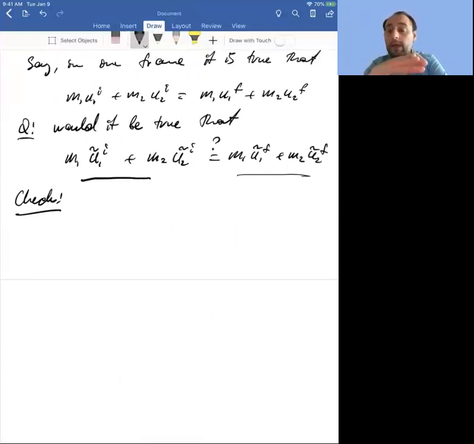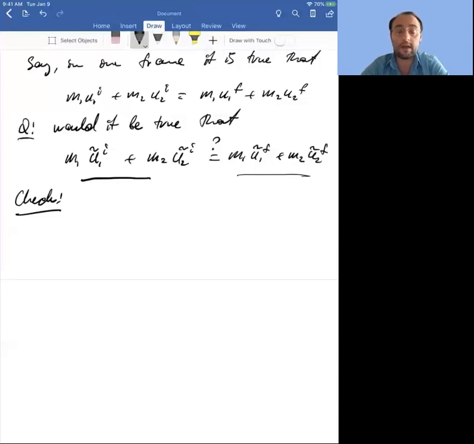So we are doing a relativistic calculation, but we're guessing the form of momentum. If it's conserved, we'll say, okay, that's a good definition of momentum. If it's not conserved, we'll throw it away. Again, the reason the word momentum exists in the dictionary is because it's something that's conserved for an isolated system.